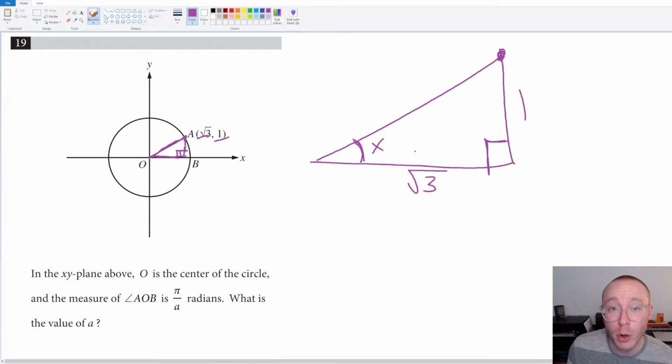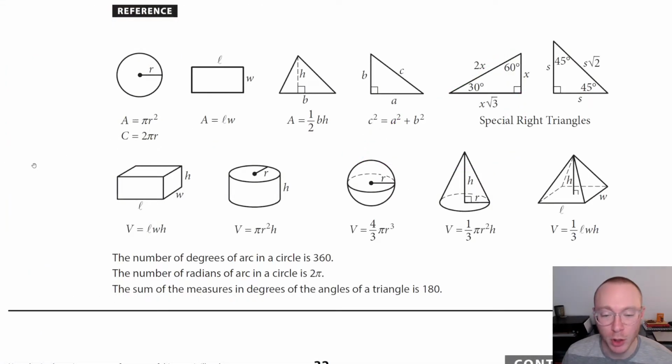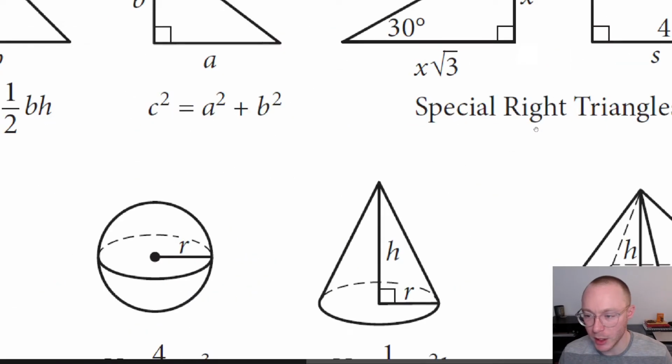What you're going to have to do for a question like this is go to your reference table. There's some really good stuff in the SAT reference table. Let's just take a quick look at it. Okay, so here's the SAT reference table, and what we'll notice here up in the upper right-hand corner is that we have two types of what we call special right triangles. Let me see if I can zoom in on this a little bit more.